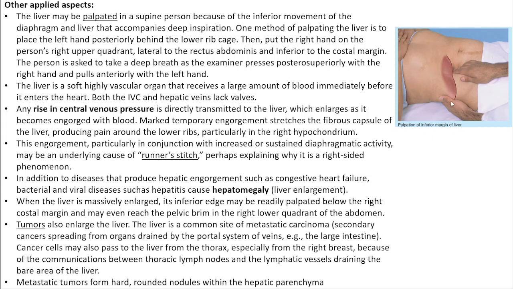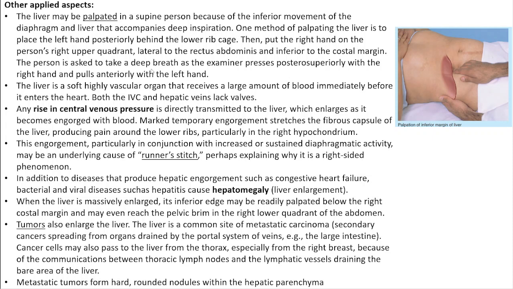So what you do is keep your left hand behind the right costal margin, and with your right hand you invaginate the fingers deep to and just inferior to the right costal margin, and then ask the patient to inhale, right? Where do you keep your right hand? Lateral to rectus abdominis and inferior to the right costal margin.